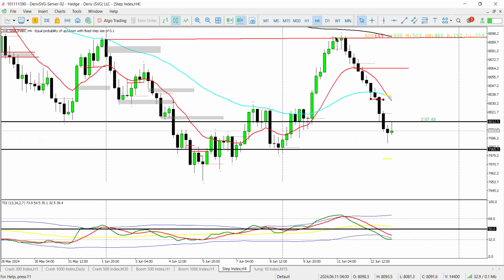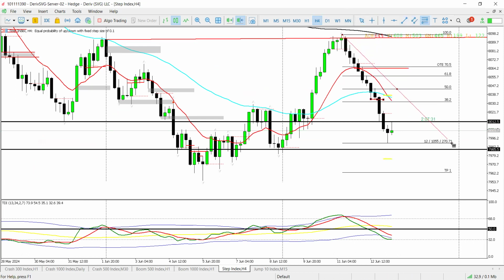H4, I don't like the price. My trading system usually struggles to get proper entries when price action is like this. So the best way to attempt trading this is, number one, I want to wait for price to start retracing a bit. As soon as they start retracing, I'm going to run a fib. After running a fib, I'm going to wait for price to come around 38.2.